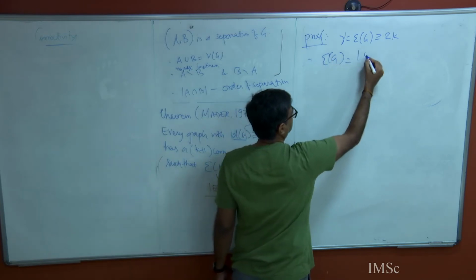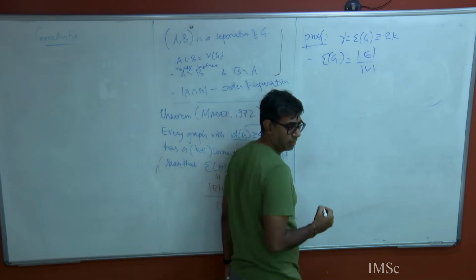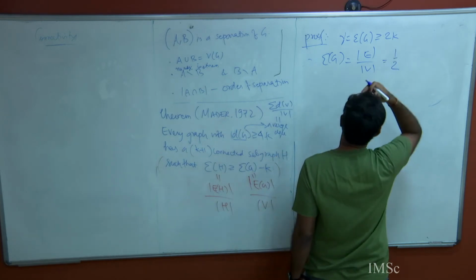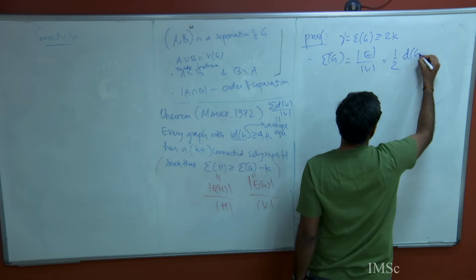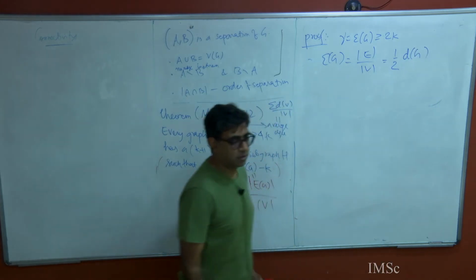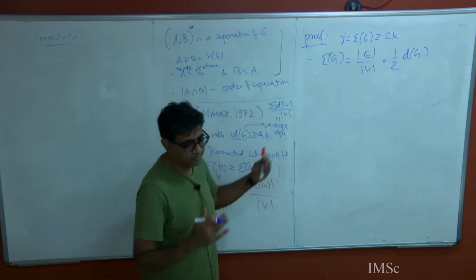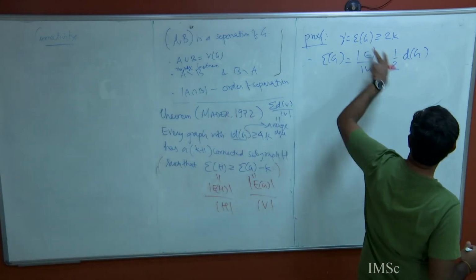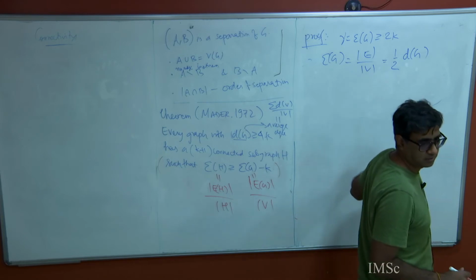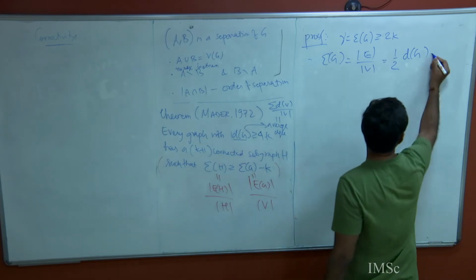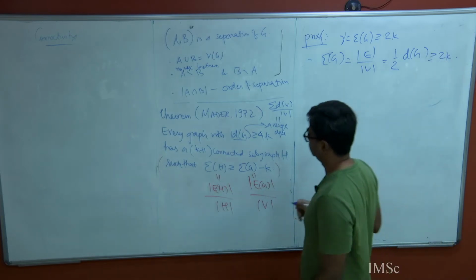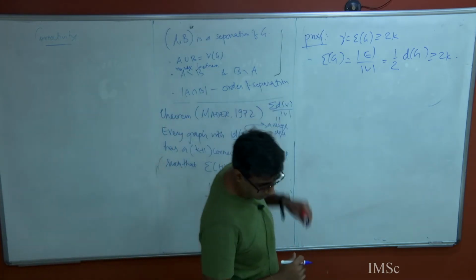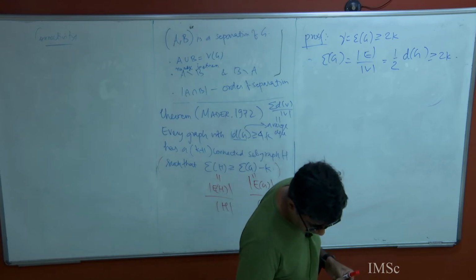It was the number of edges divided by the number of vertices, which is half of d(G), because d(G) was the sum of all the degrees divided by 2. So this is why. And now, the average degree is at least 4k, so epsilon G is at least 2k. Okay, good. So we have fixed this epsilon G, which is gamma.